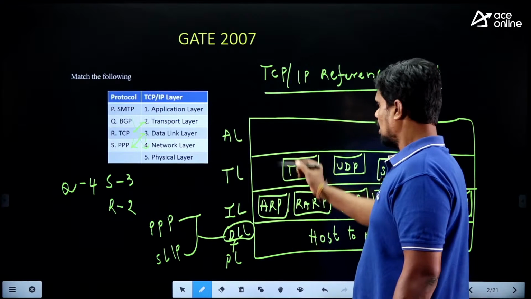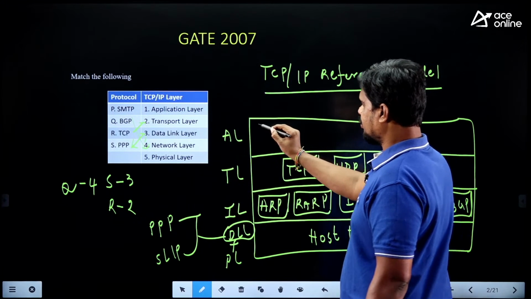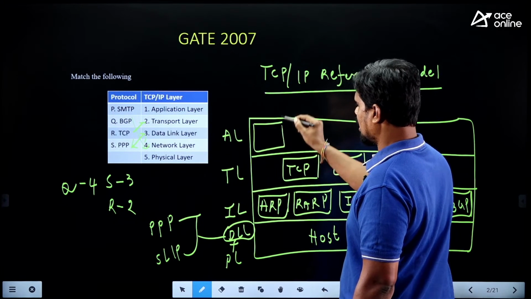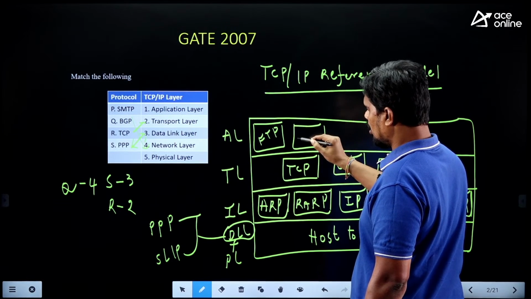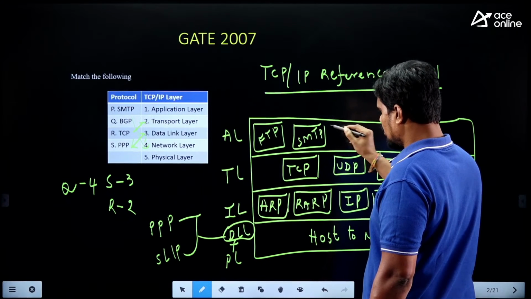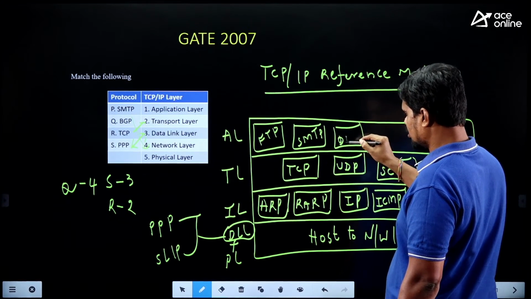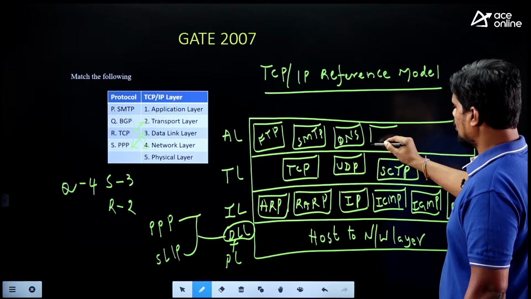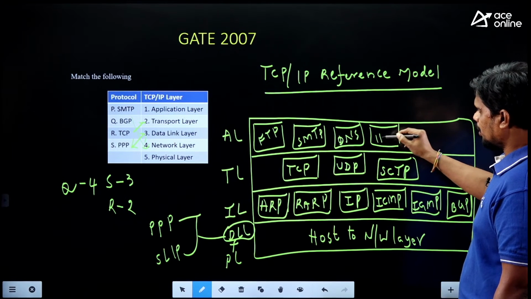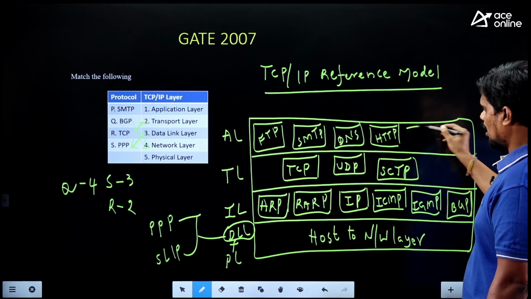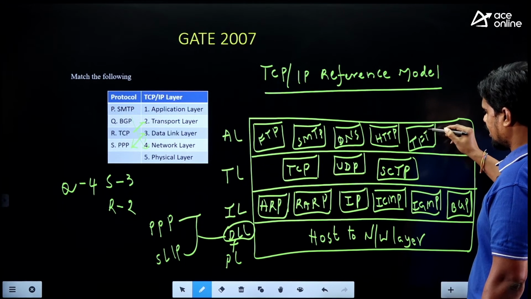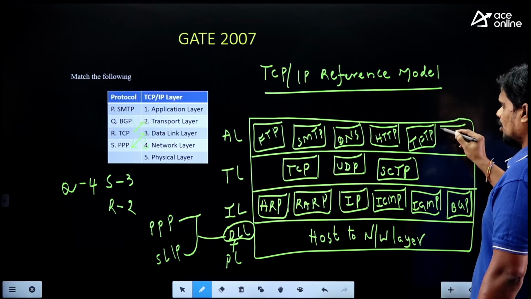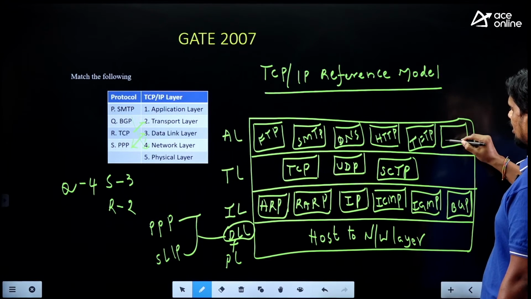Next. Coming to the application layer protocols, as part of the application layer, we are having protocols called FTP, SMTP, DNS, and you know that we are having HTTP, and we are also having TFTP, and we can also have a protocol called NNTP.